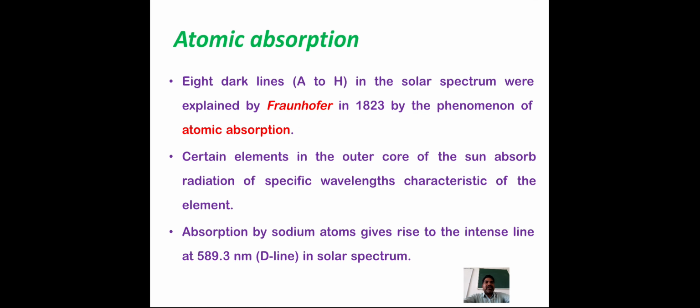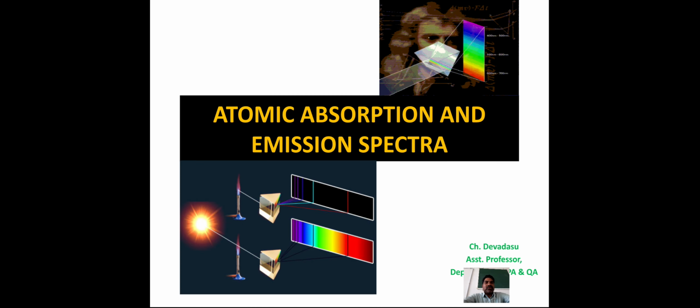The spectral lines can be viewed through a spectroscope. The spectroscope is a device which consists of a dispersing element, whereby the absorbed or emitted lines can be viewed on a dark background.